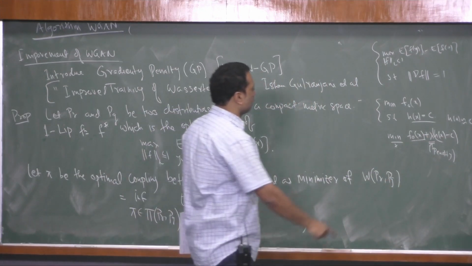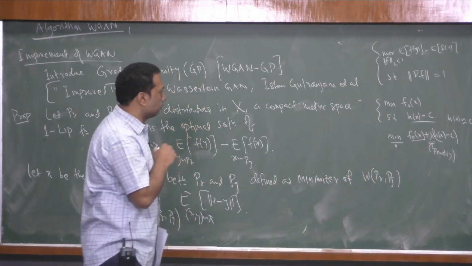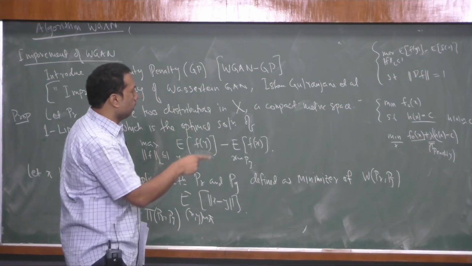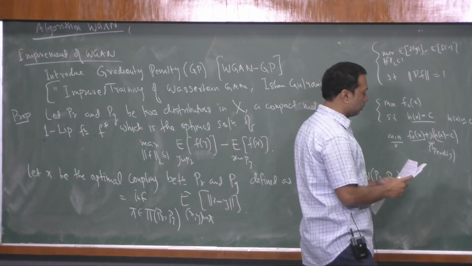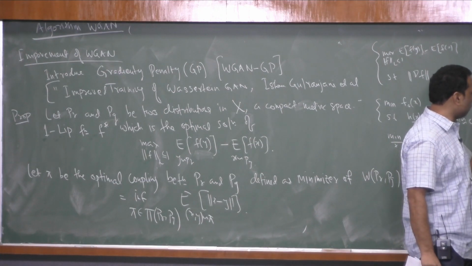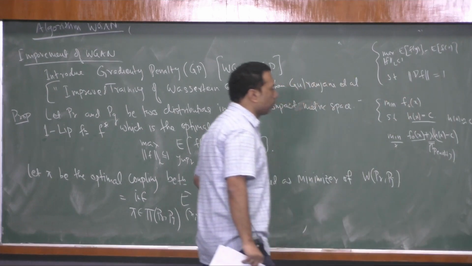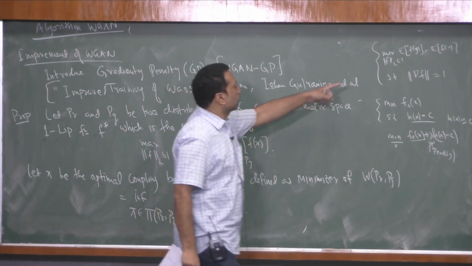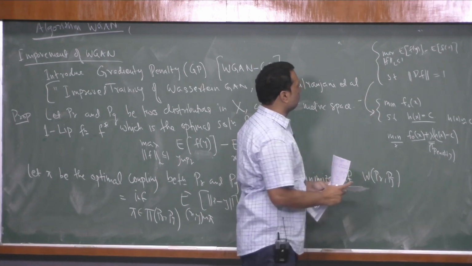But then it might ignore this completely. So there is a balance that is needed. In the WGAN gradient penalty, from the theory we knew that an optimal f star will certainly have the norm of the gradient equal to 1. So they put it as a constraint, and then as a next step they made it into a penalty form.